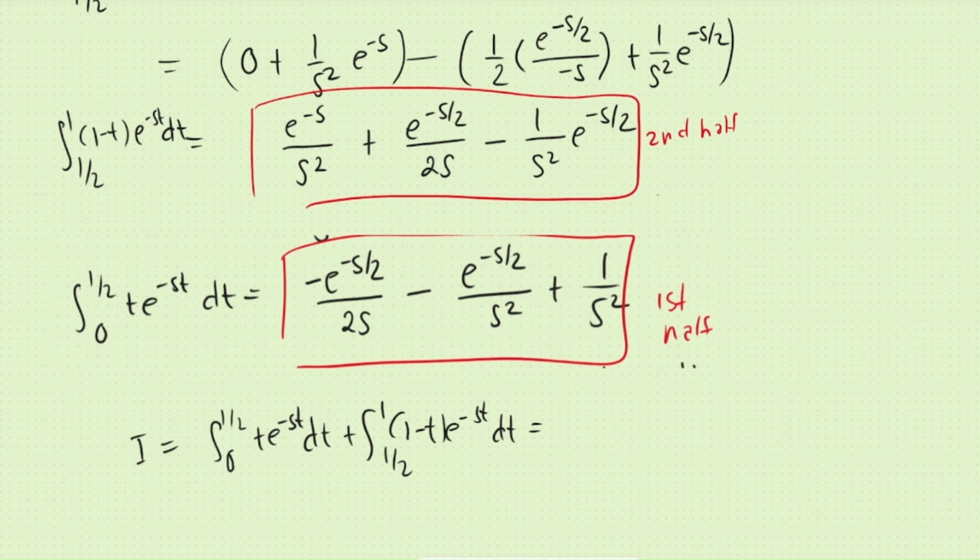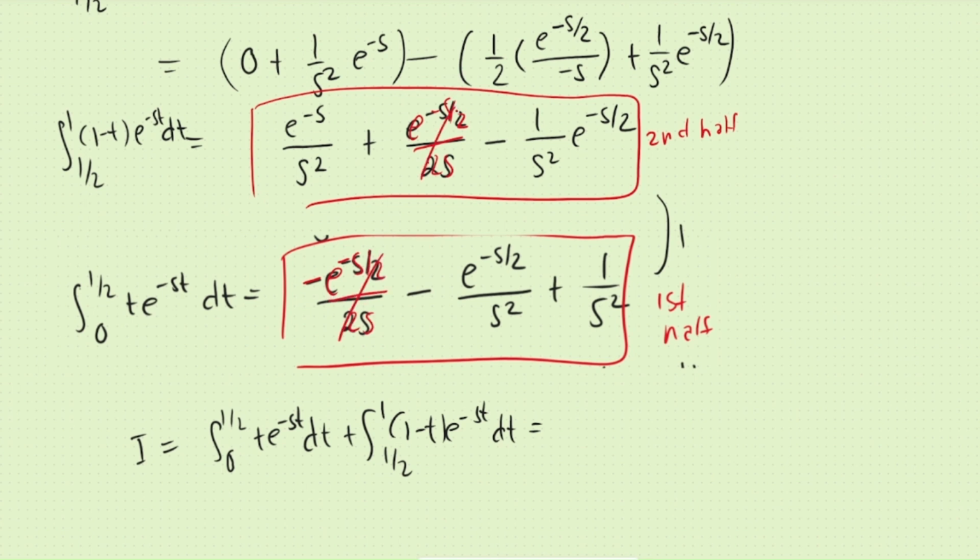So you just add these two together, and let's look for what can be cancelled so that we won't bother ourselves with doing a lot of work. So this here, e^(-s/2)/2s minus e^(-s/2)/2s is just 0.